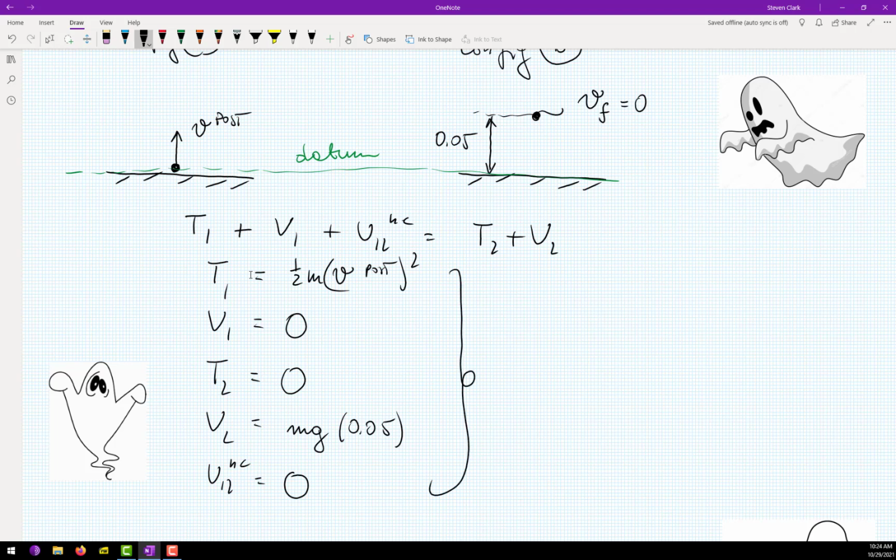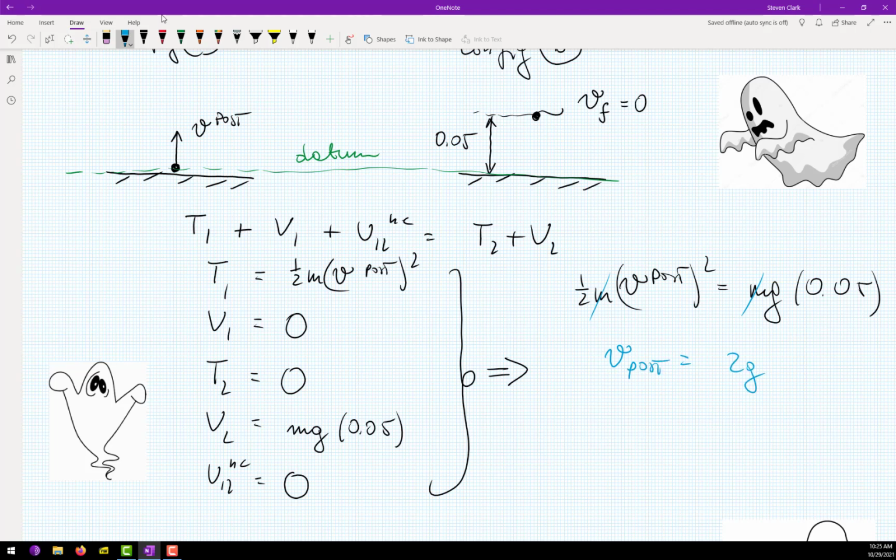So 1/2 m v post squared is equal to mg times 0.05. Again, m can be cancelled out, and v post is equal to the square root of 2g times 0.05. Grab your calculators and find that v post is approximately 0.990 meters per second.